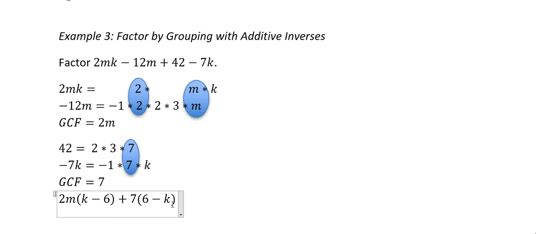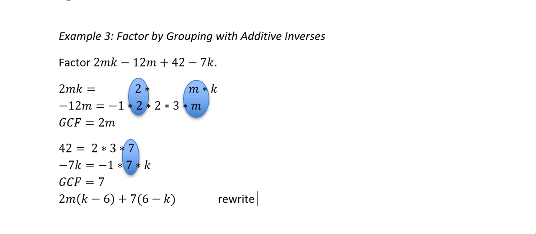So our hope with these is always that this piece and this piece will be identical, but they're not here. So what we have to do is say, okay, fine, I'm going to rewrite one of them so that it looks like the other. I'm going to check and see if 6 minus k is an additive inverse here.